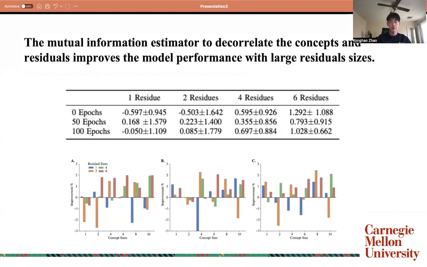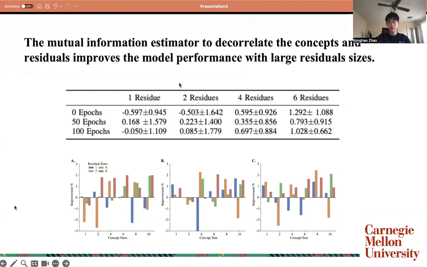So we incorporate a mutual information estimator to decorrelate the concepts, and potentially we want to improve the model performance with large residual size. This table shows the percentage of improvement of the model after the incorporation of the mutual information estimator. And we can see that with a higher number of residuals, there's a greater percentage of improvement after the incorporation of the mutual information estimator.